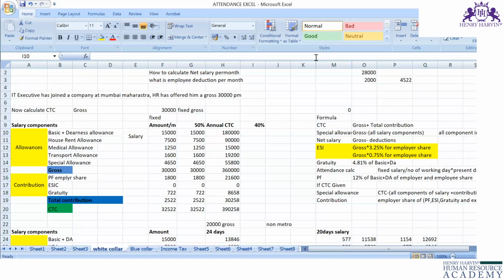Do only the contribution part, that is, only the CTC calculation, not the take-home calculation. If the employee works in a non-metro city, you have to calculate 40%, right? So if you calculate 40%, what would be the CTC?